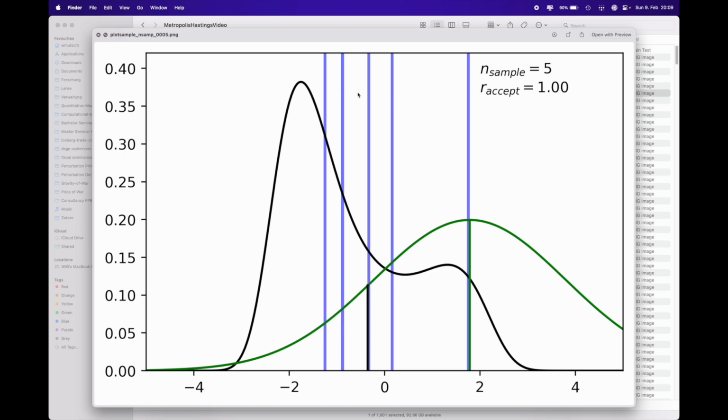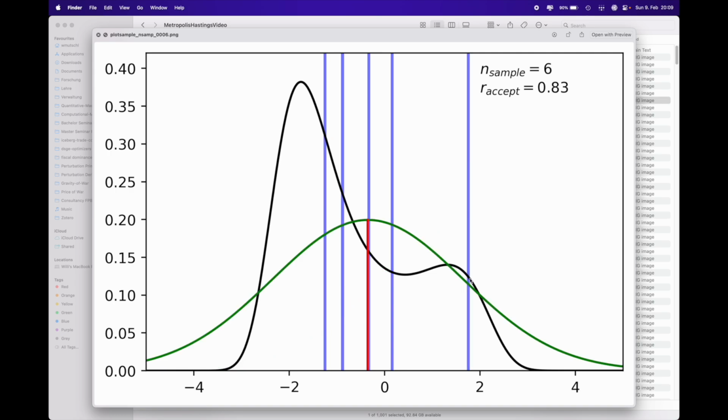Now the blue curve right here is the histogram of my draws. I have now 5 draws, including the very first draw, and so far I have accepted all the draws. So I'm here, and now I get a new draw right here, new candidate. This is higher than my old value, accept.